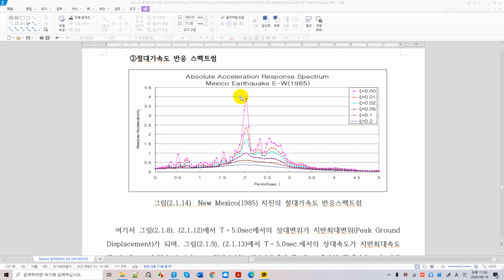In this case, maximum acceleration as a function of period and as a function of damping, for a single degree of freedom system. That's the perfect definition.